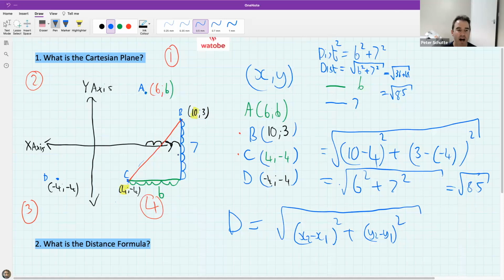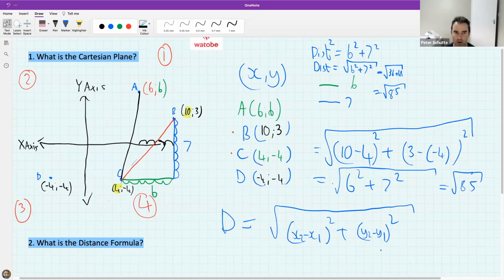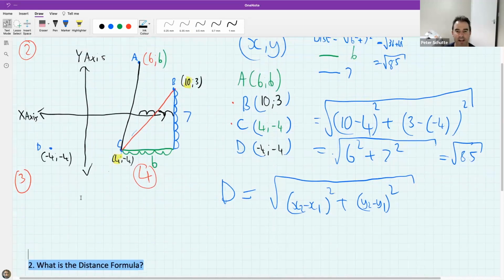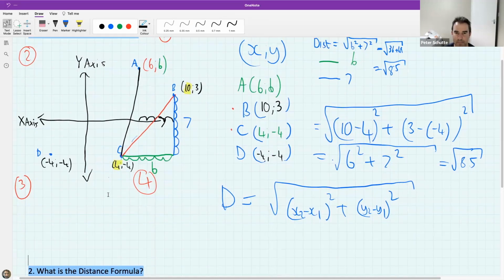So I want you, using this new formula, to find me the distance between A and C. On the board, what is the distance between A and C? And we are using this newfound formula, which is basically Pythagoras inside of a nifty little formula.